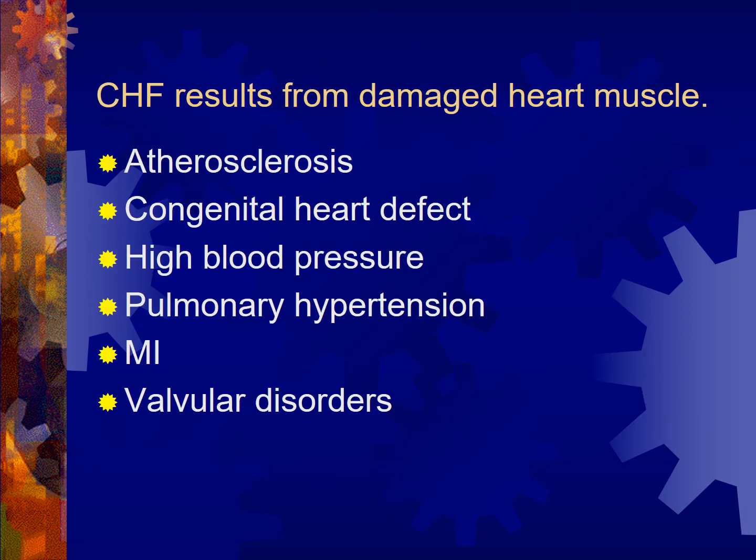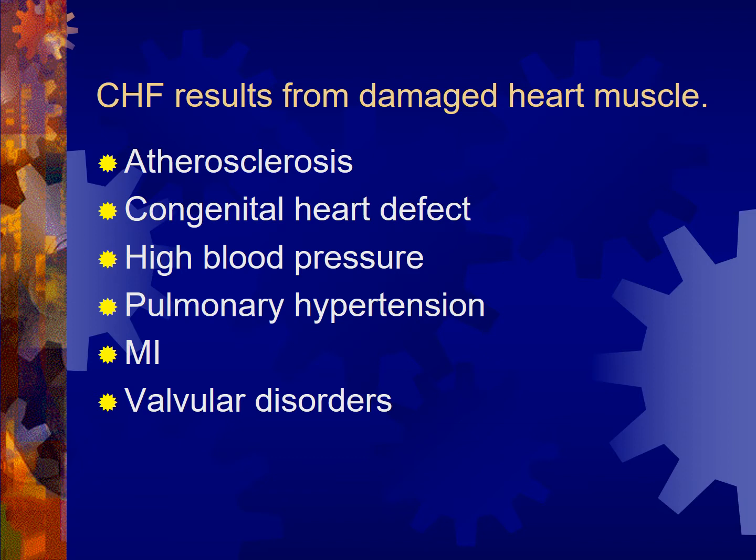So CHF results from damaged heart muscle. Either you can have atherosclerosis, congenital heart defects, high blood pressure, pulmonary hypertension, which occurs from things such as liver failure, pancreas problems, anything with the gallbladder usually affects that and causes pulmonary hypertension. You can have MIs, which affect the muscle itself because some part of the heart muscle itself will die.